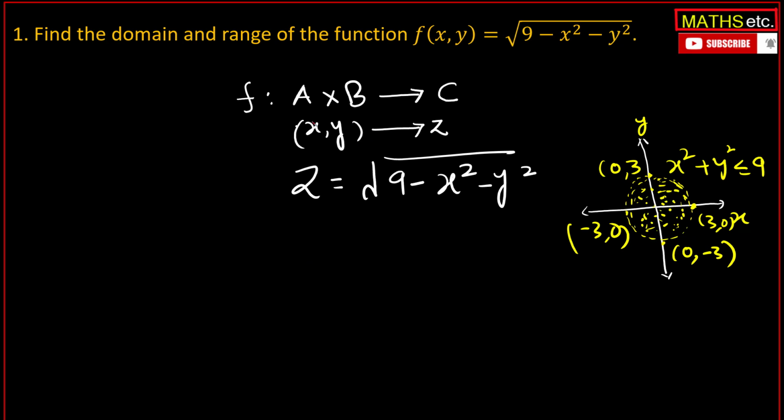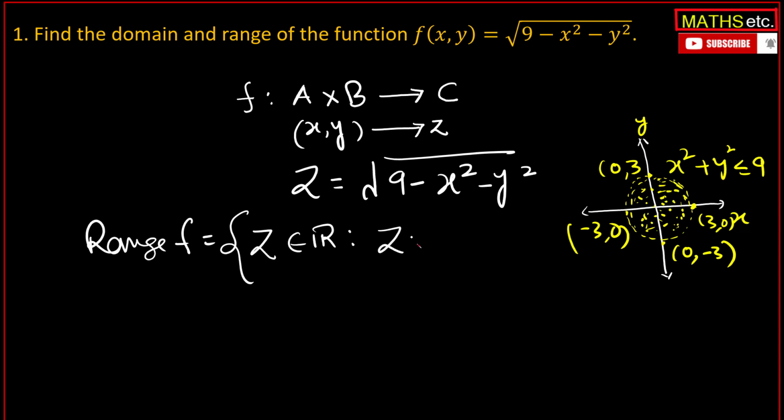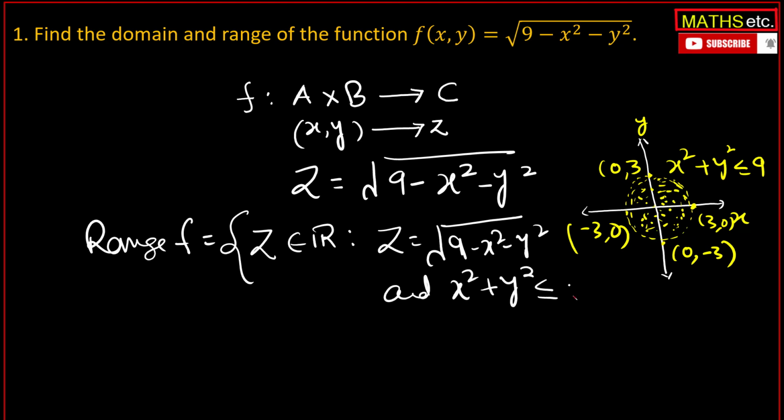Whereas the domain is a two-dimensional region, the range is a one-dimensional region, right? What is the range of f? This is the collection of all z points in the set of real numbers such that z gets its value from this rule, 9 minus x square minus y square, and x and y take values from this closed disk.